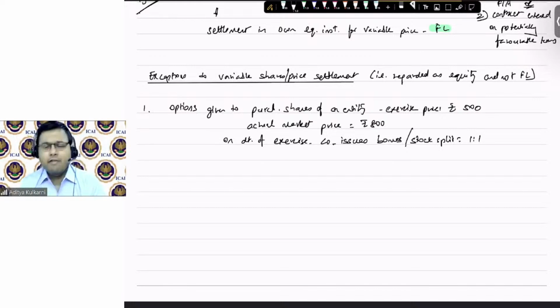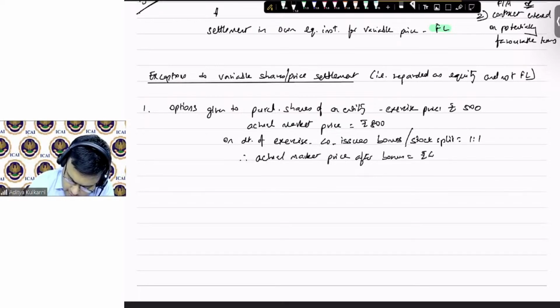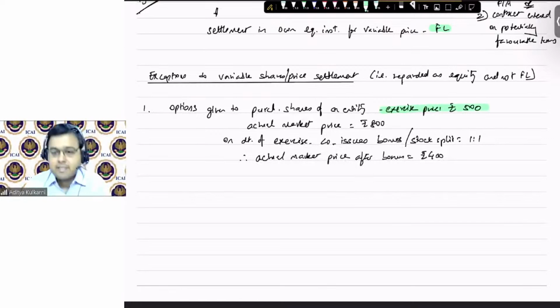If you have tracked the markets, the moment you issue a bonus, the market price gets proportionately adjusted. Therefore, the actual market price after the bonus is equal to 400. Now look at the story. Your exercise price is 500 and the market price after the bonus is 400.